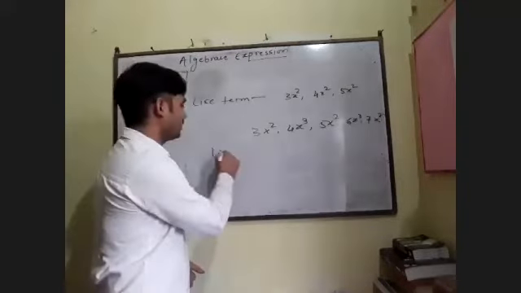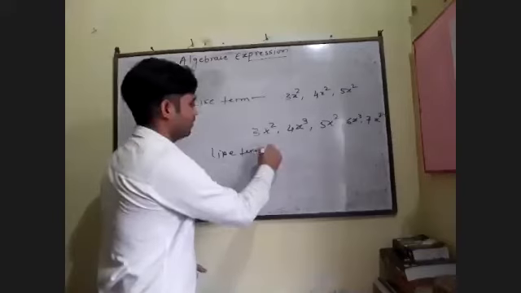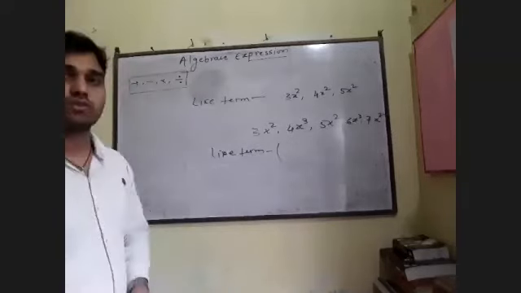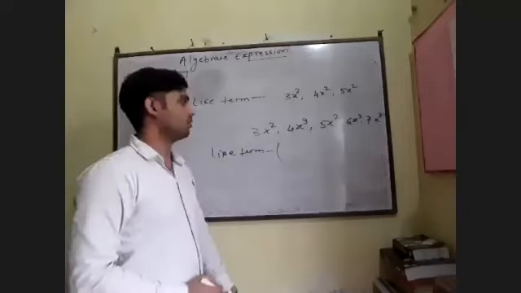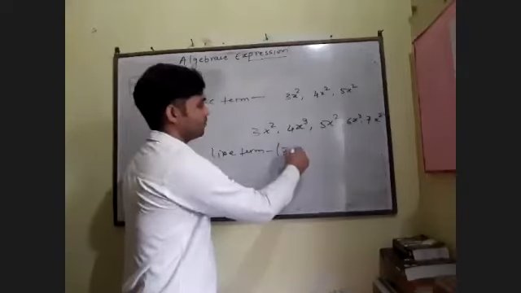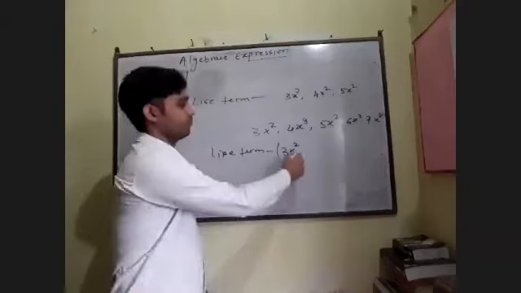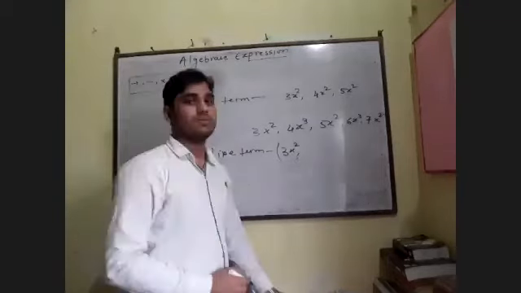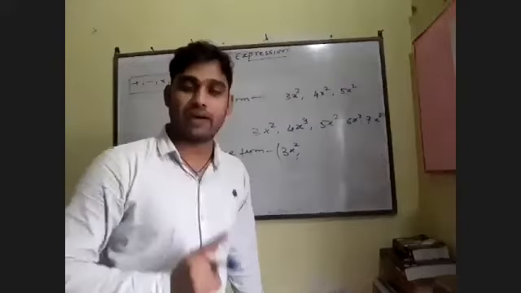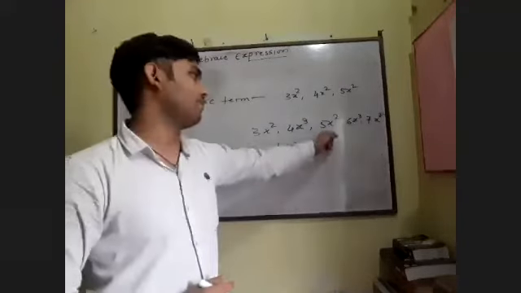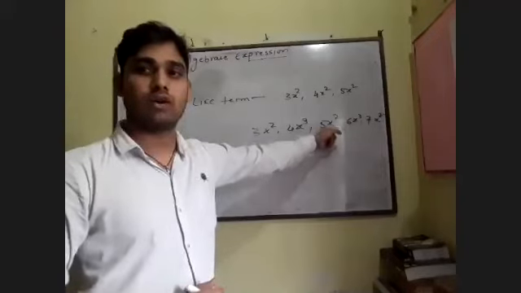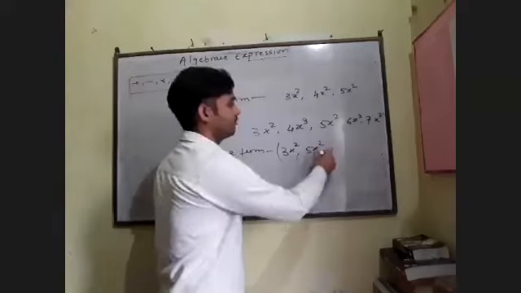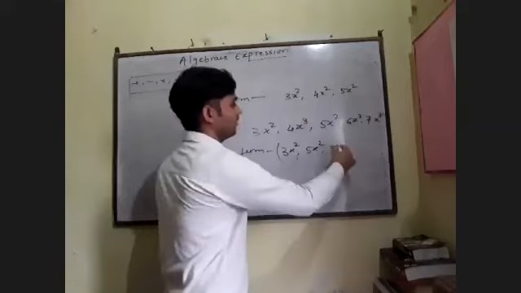Find the like terms. 3x to the power 2, 5x to the power 2, which we can also write as 5x square, and 7x square.